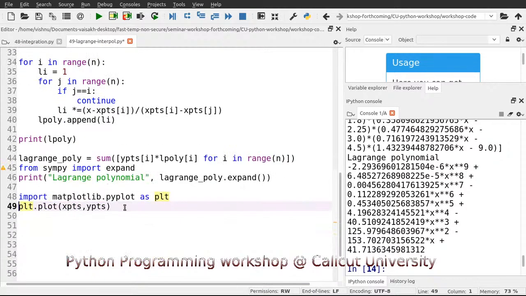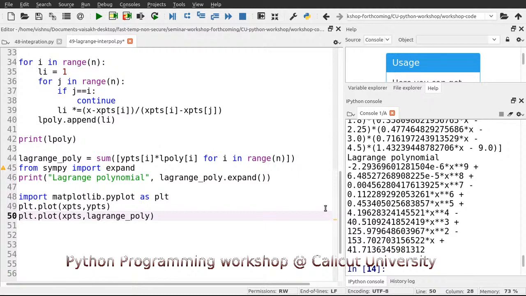There is no show given anywhere. Okay, anyway. So after that, what should we plot? X points are exactly the same, but instead of y points, we need to take the Lagrange polynomial evaluated at this polynomial. Okay, can we do it like that?